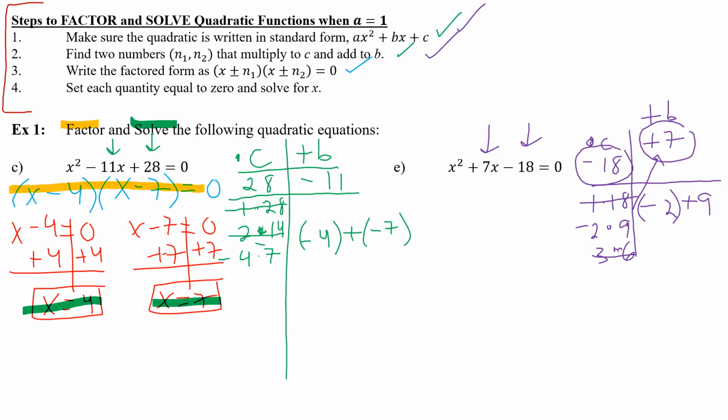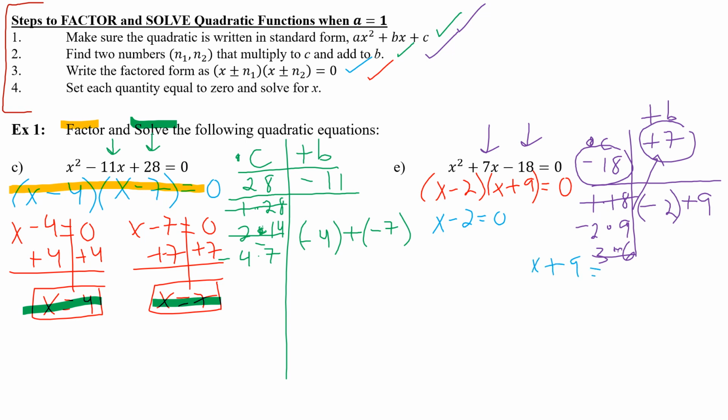Now the next step says, write the factor form as x plus or minus the first times x plus or minus the second one. So in this case, it doesn't matter which one you put first, I'm going to go ahead and put x minus 2, x plus 9 is equal to 0. And then we're going to set each one equal to 0 and solve for x. So we have x minus 2 equals 0. And I'm just going to put it over here because I'm running out of space.